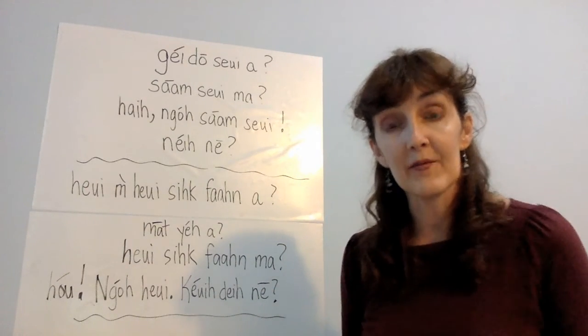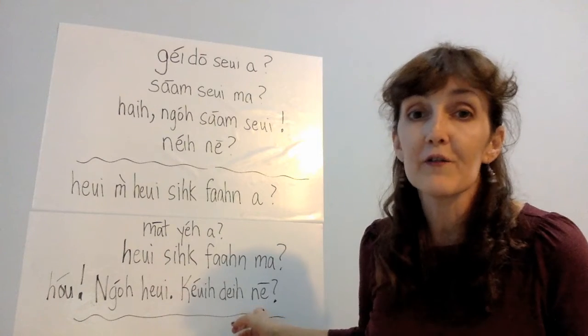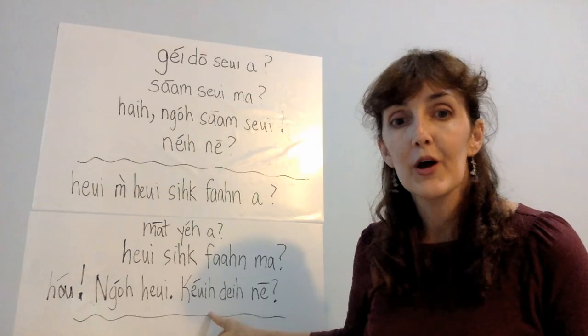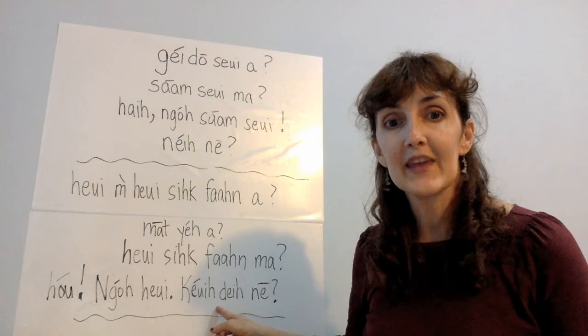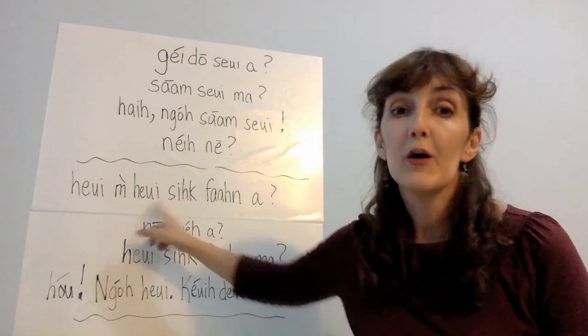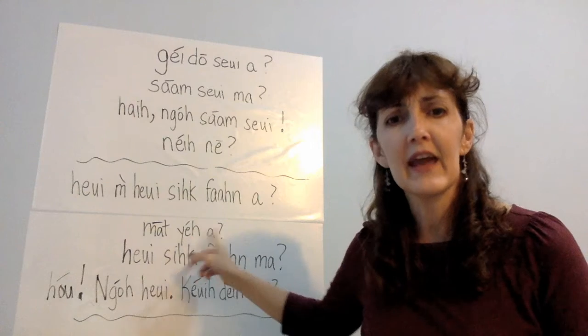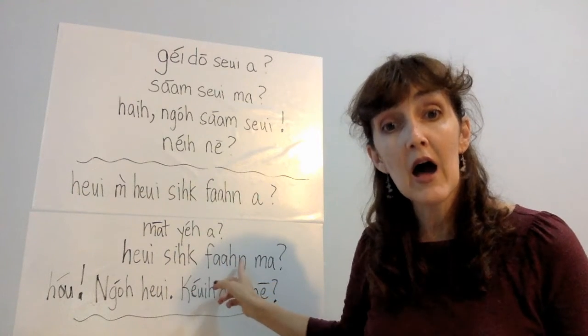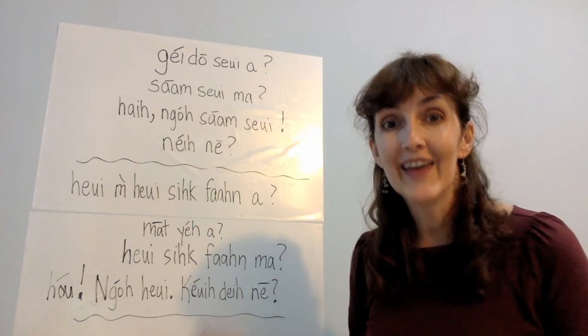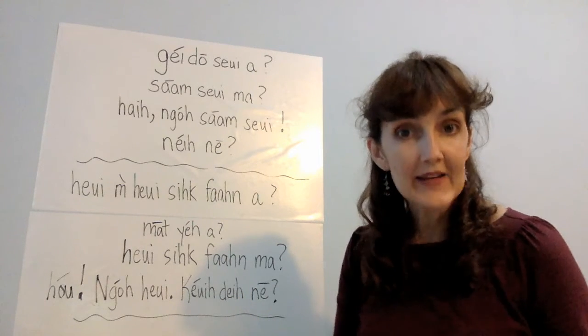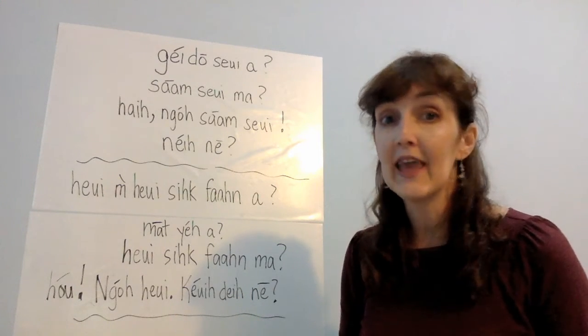How about them, right? 佢哋 is they or them. So again, this one would be 去唔去食飯啊? 乜嘢啊? 去食飯嘛? 好，我去。佢哋呢? Okay? So I hope that was just a little practice using our ah, ma, and ne.